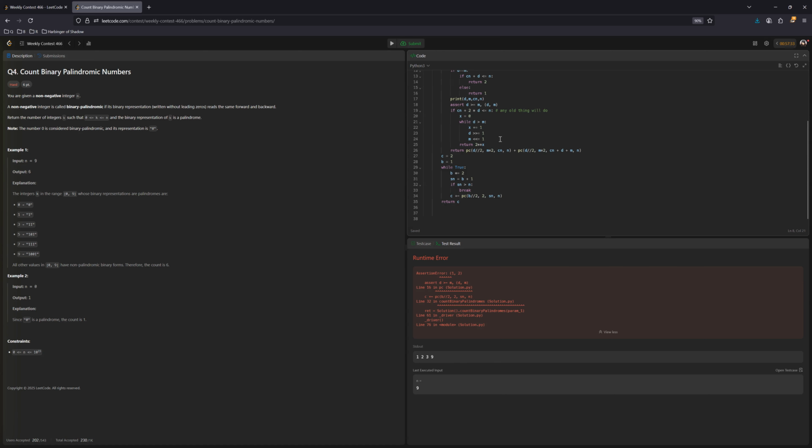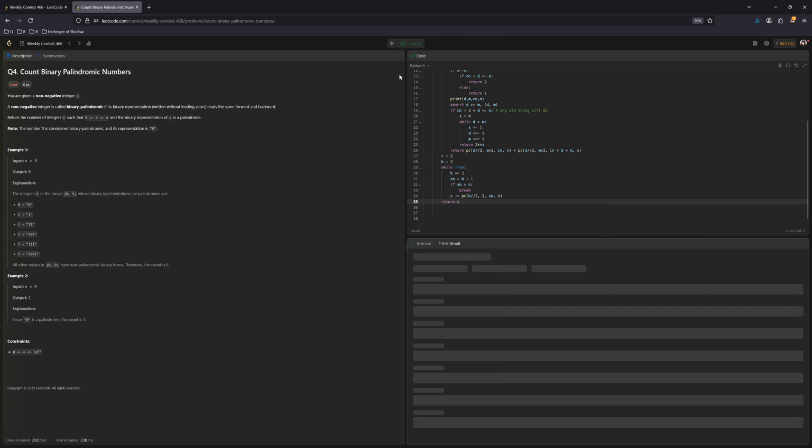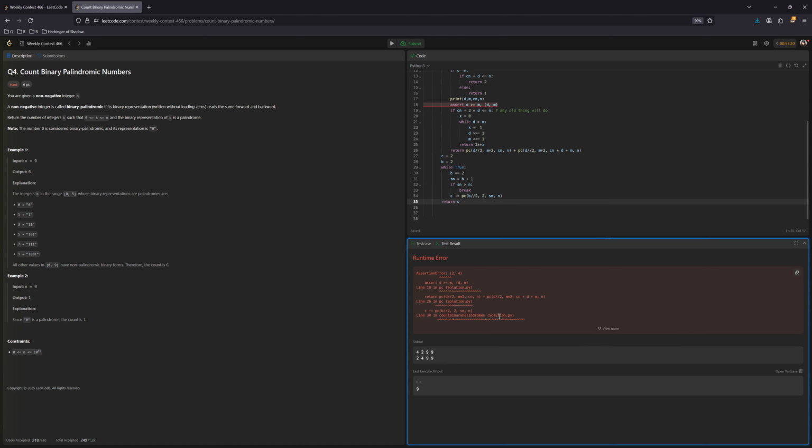If n equals 3, then return 3, I guess, because 1, 1 is also a palindrome. Then we can start with this being 1 higher. Let's see how that works.